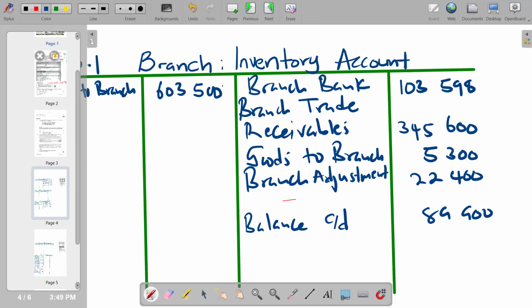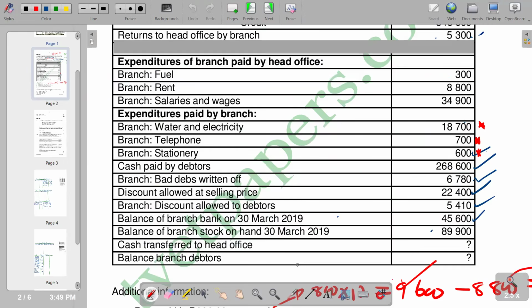So we now see that the cash transferred to head office is the one that is going to be the balancing figure in the branch bank. That's the question mark. And then the balance of branch debtors is going to be the closing balance that we have in the branch trade receivables account.